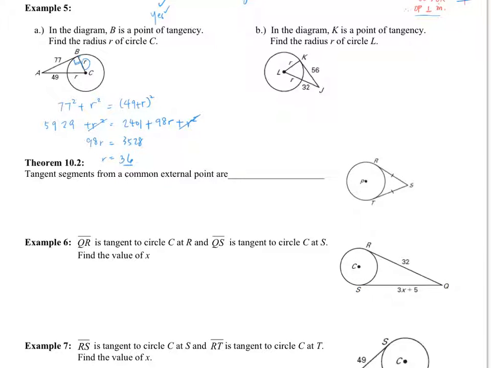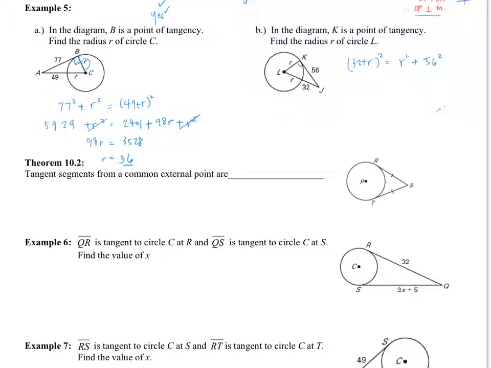Part B, in the diagram, K is the point of tangency to circle L. Find the radius R of circle L. So we have to do the same thing here. So 32 squared plus R squared equals R squared plus 56 squared.